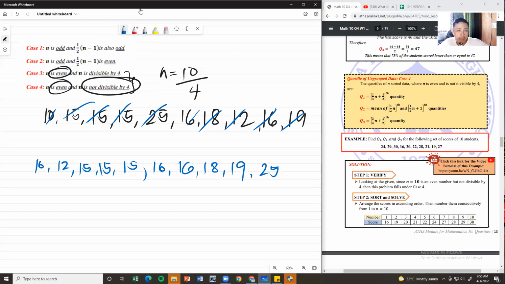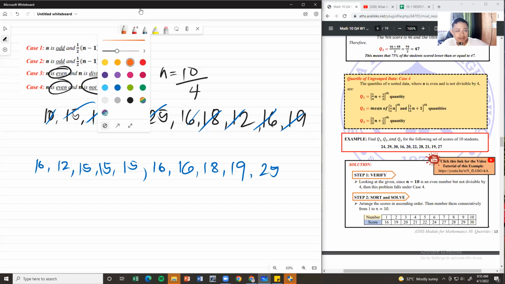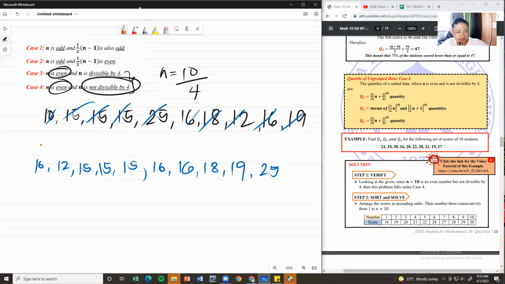Okay, so how is this? Let's just balance. Balance is the key. That's 10 items. 1, 1, 2, 2, 3, 3, 4, 4, 5, 5. Oh, there's no middle. So get the average. That's 15.5, and that is our quartile 2.